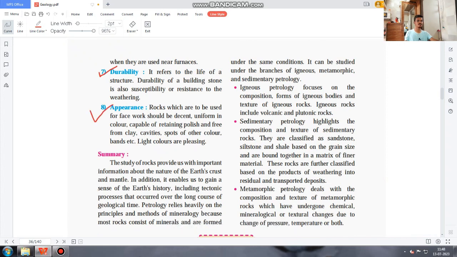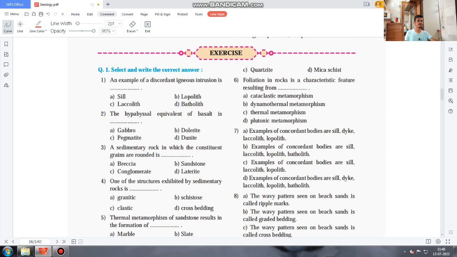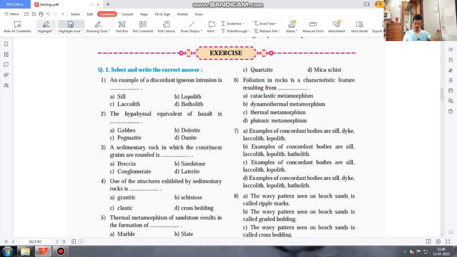Now we move on to the exercise part. An example of discordant igneous intrusion is batholith. Hypabyssal equivalent of basalt is dolerite. I have already given you the underlining. You can refer to the underlining and see how I am marking the answers.